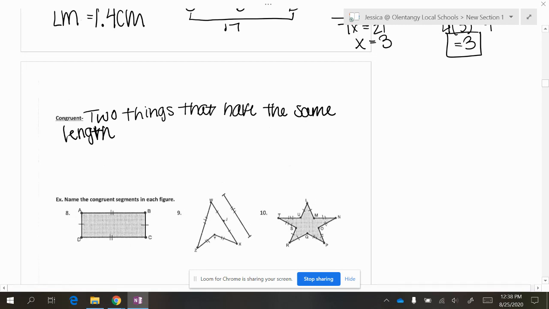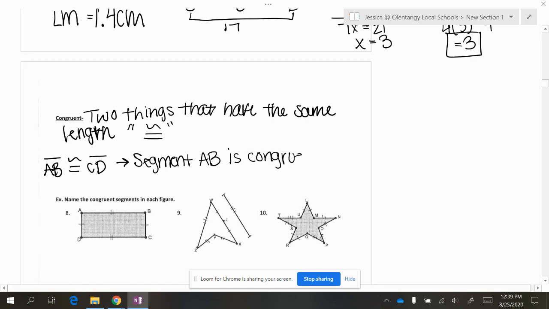The symbol that we use for this is an equal sign with a little squiggly on top. So if I write this statement, this means segment AB is congruent to segment CD.